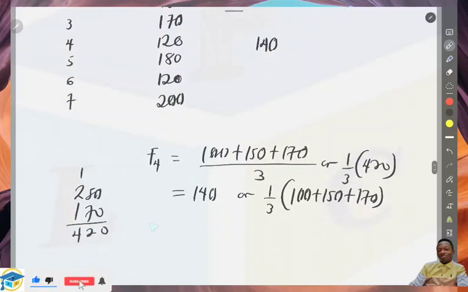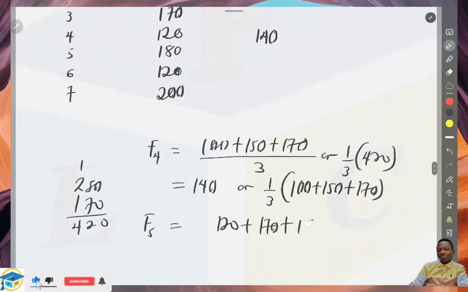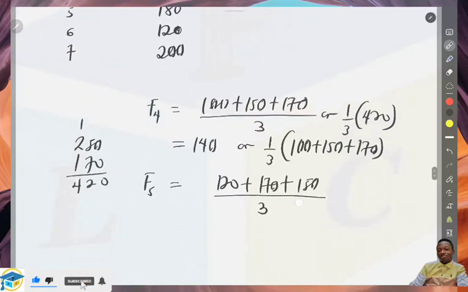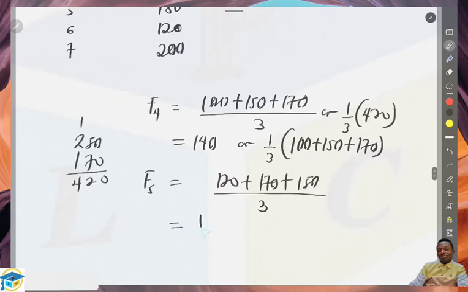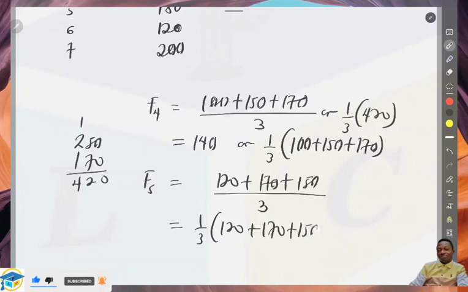So in that line, that's what we're going to do. We will say that week 5 should be equal to 120 plus 170 plus 150. That is week 2, week 3, week 4, and then divide all by 3. So you realize that in a simple moving average, equal weights are placed. But this same thing can also be written as 1 over 3 into bracket 120 plus 170 plus 150.